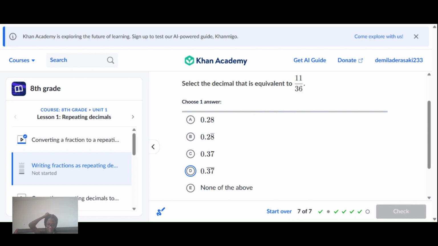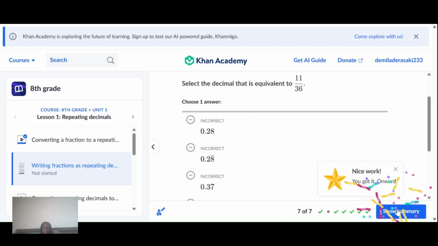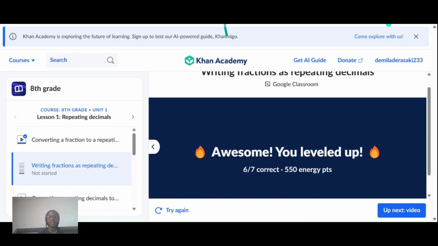So if 36 times 3 makes 108, then 108 plus 2 is 110. So I'm correct, but you just add another 0. It's not 7, because 36 times 7 doesn't make it. Oh, correct. 6 out of 7.